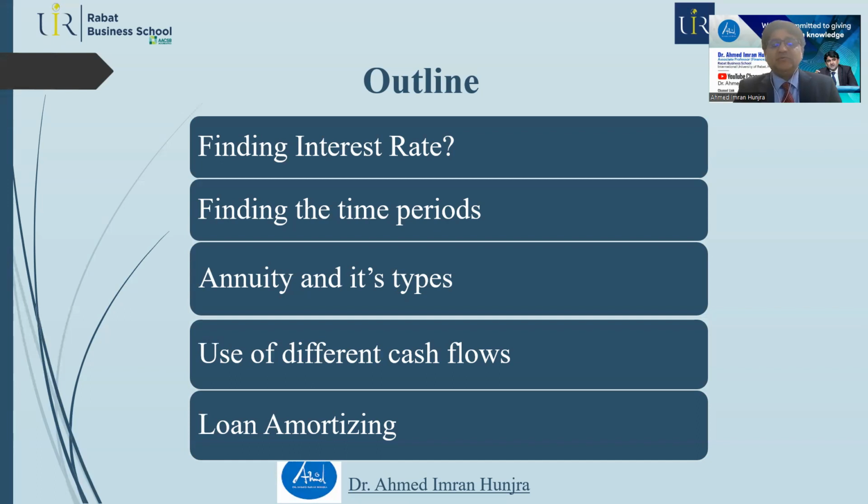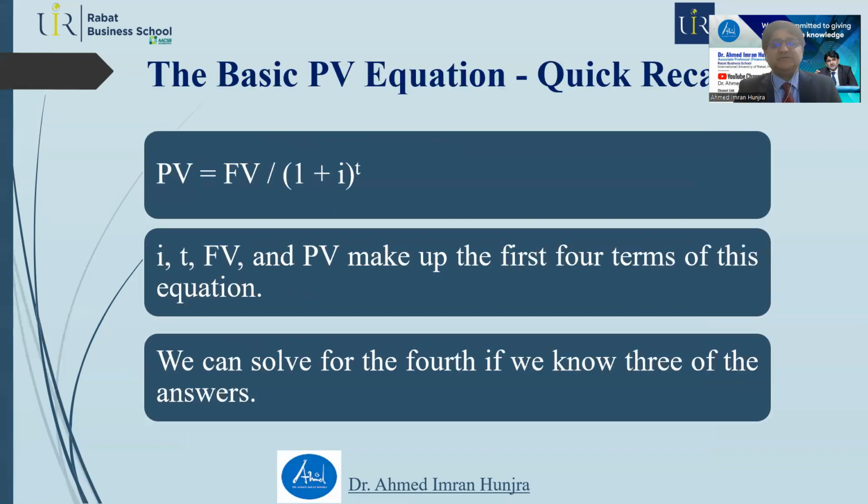In part one, we discussed the future value as well as present value. So today we'll be dealing with how we can find the interest rate and number of time periods. So this is the overall quick recall of the last lecture.